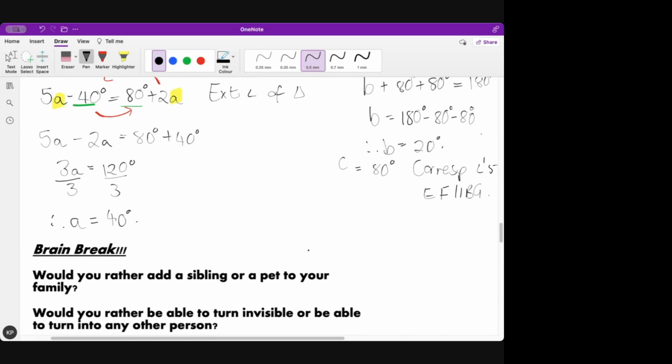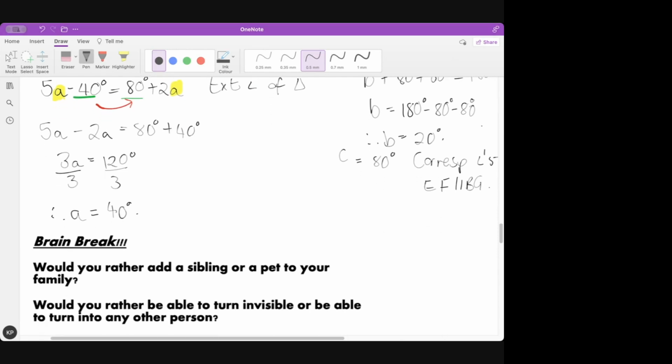Okay, Buhlali, next one. Would you rather be able to be invisible or be able to turn into another person? So you're either a shapeshifter or you turn invisible. Turn into any other person, ma'am. Same. But Buhlali, why would you choose that one? To see how they live, ma'am.